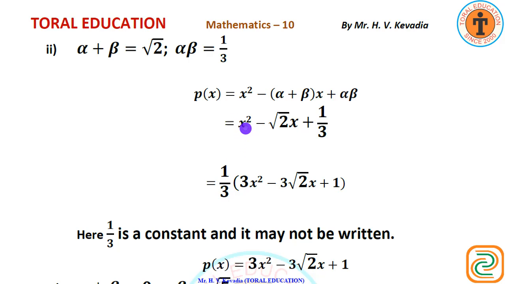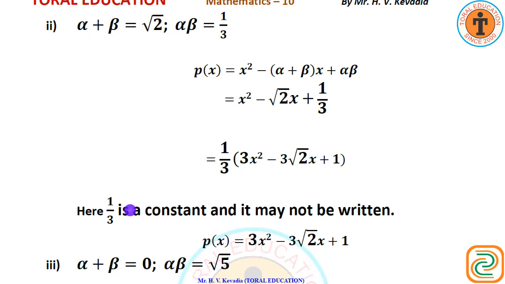Then here will be 3, that is 3x square. Here also will be 3, that is 3 root 2x plus 1, this one, right? These 3 have been taken as common. Same is here, 1 upon 3 is a constant and it may not be written. So p of x equals to 3x square minus 3 root 2x plus 1.